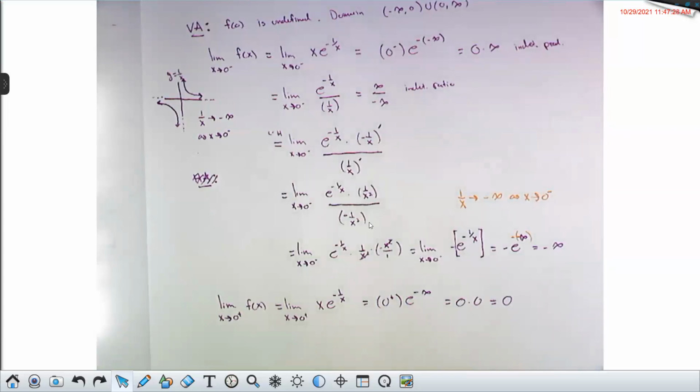And this is pretty fascinating behavior. There are not a lot of functions we've played with that do this. You have a vertical asymptote at x equals 0, but you only blow up on one side of it. You're defined on both sides of it, but on one side you have a finite limit. On the other side, you have an infinite limit.